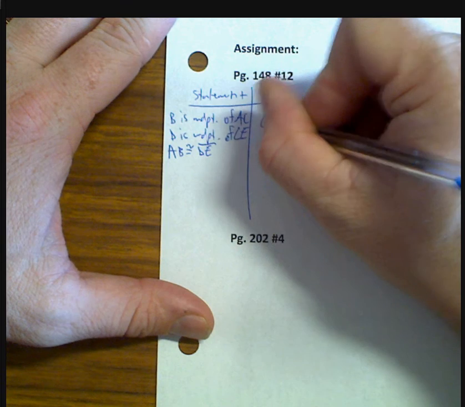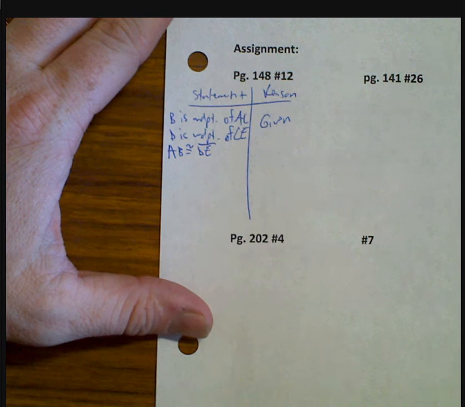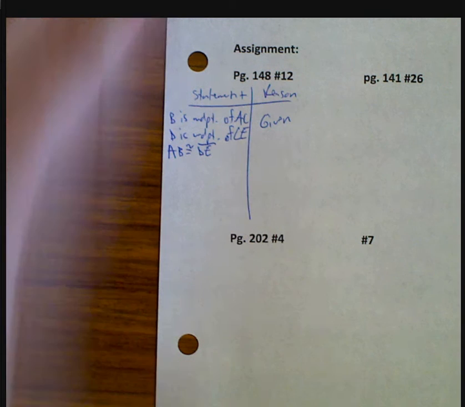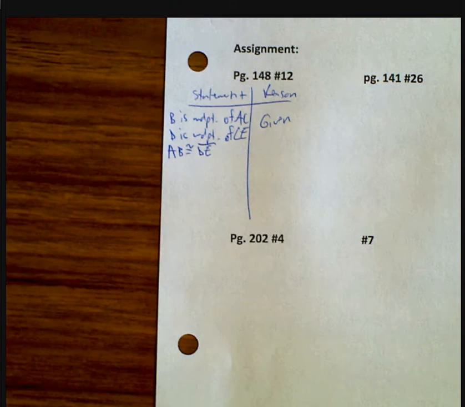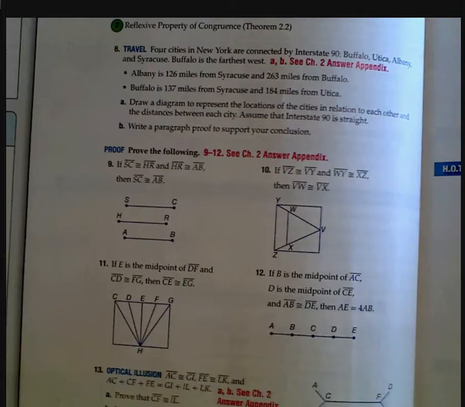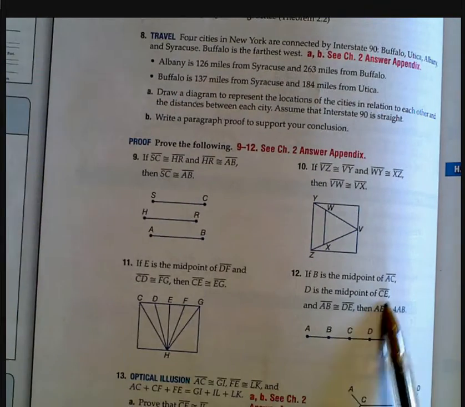This is all given. I have to prove that AE equals 4AB.